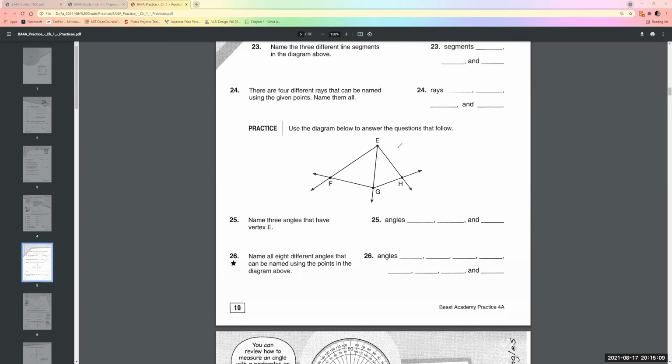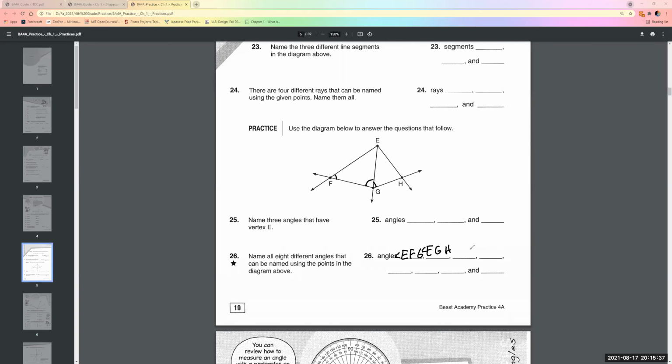Okay. EFG. EGH. Sorry, EFG was the first one you said? Yeah. Okay. So that's this angle. EGH, this angle. EGF.